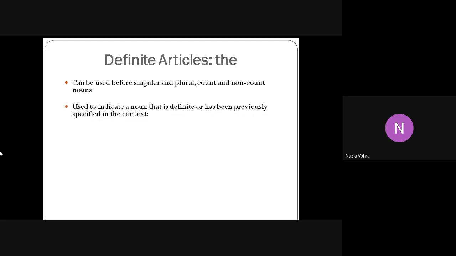It is used to indicate a noun that is definite or has been previously specified in the context. Means the article is used for something which is very much specified, very much definite. Secondly, it has been previously specified in the context.